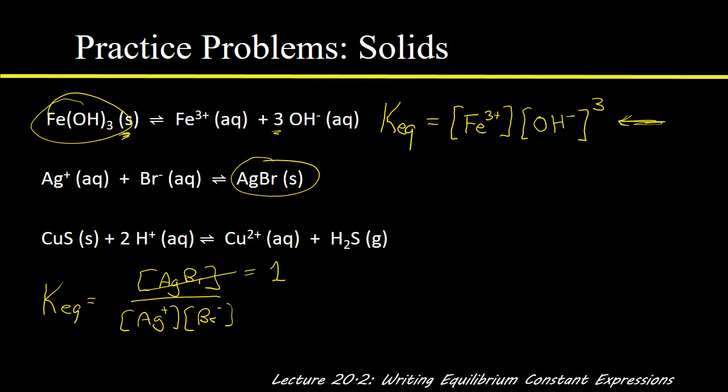This is the place where people most often make mistakes with solids: when they put in a 1, they lose the shape of the fraction. They lose the distinction between the numerator and the denominator. All right, so when that solid turns into a 1, we end up with, in this case, the reciprocal of the silver concentration times the bromide concentration. Okay.